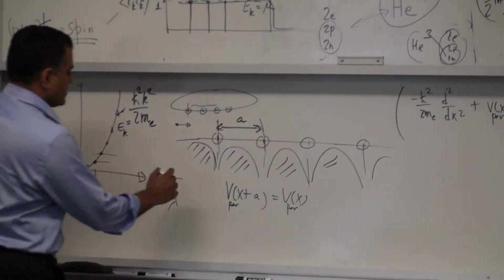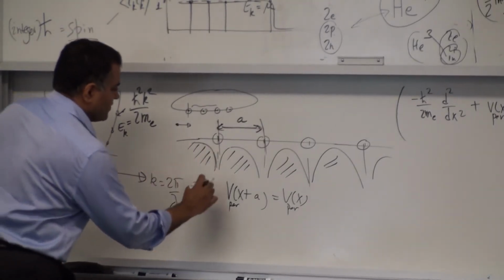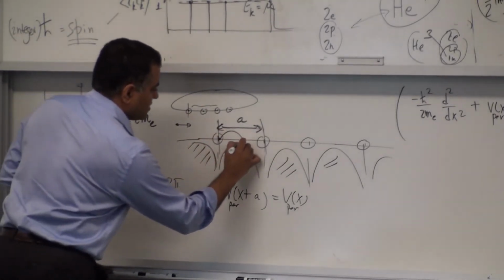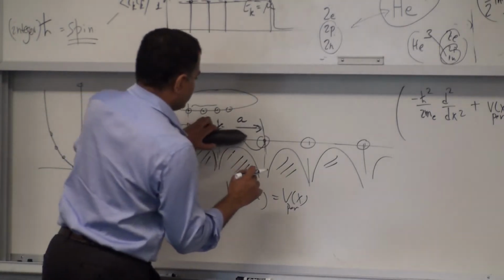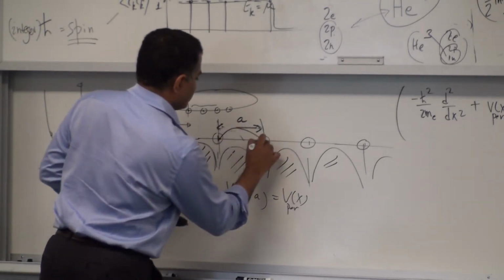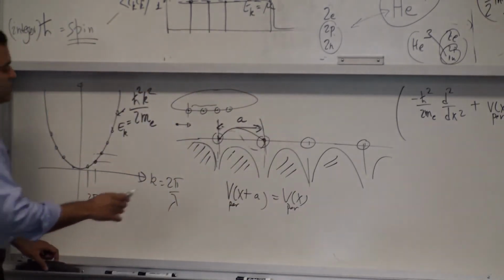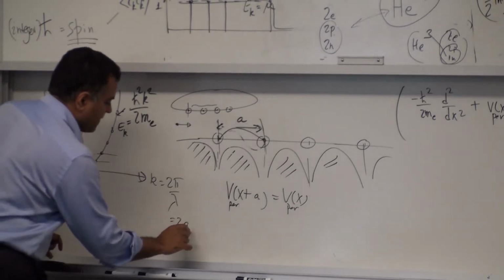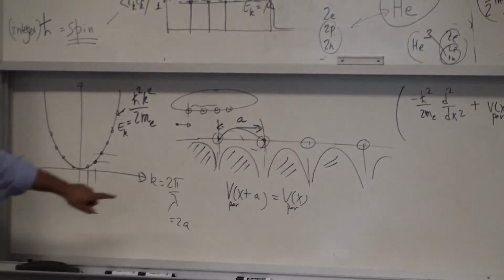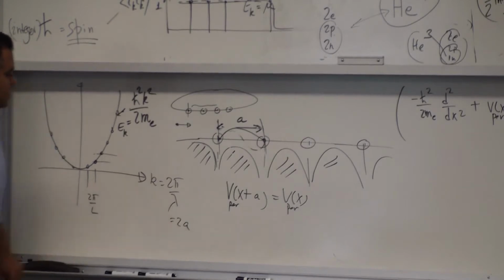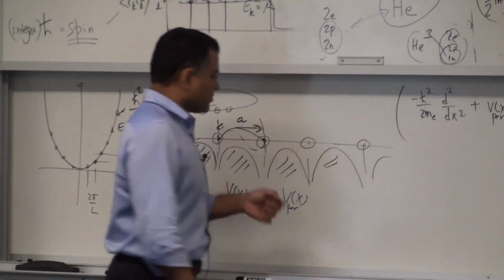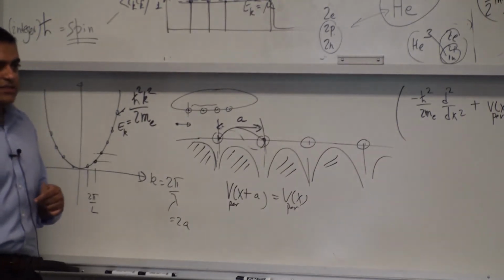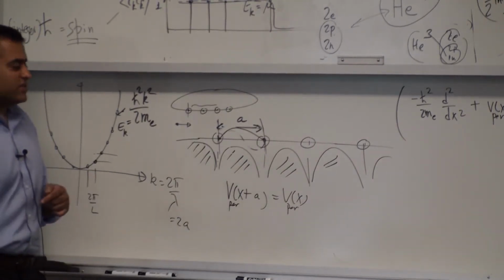If the wavelength is 2a, that's where you have destructive interference. If the wavelength is 2 times a, then your k becomes pi over a, and at those conditions the electron actually cannot propagate through the crystal. It's evanescent. It diffracts or forms standing waves.